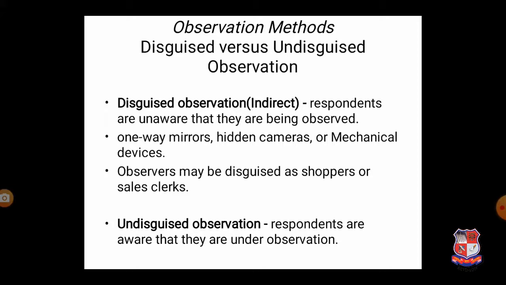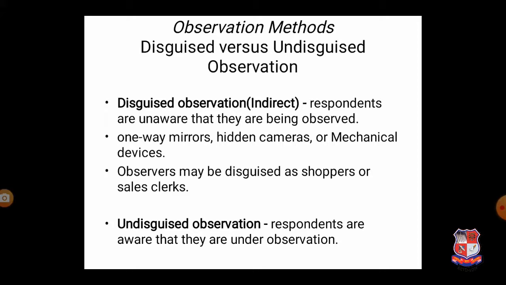Undisguised observation means customers are aware they are under observation and that somebody is observing their behavior. For example, if you are aware that a moderator or faculty is observing your behavior, it is an example of undisguised observation.